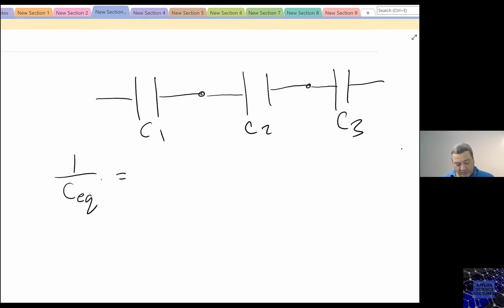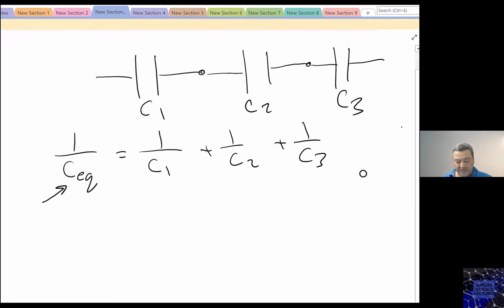So 1 over C equivalent becomes 1 over C1 plus 1 over C2 plus 1 over C3. So 1 over C equivalent is the sum of the inverses of the capacitances. So this is for the series.